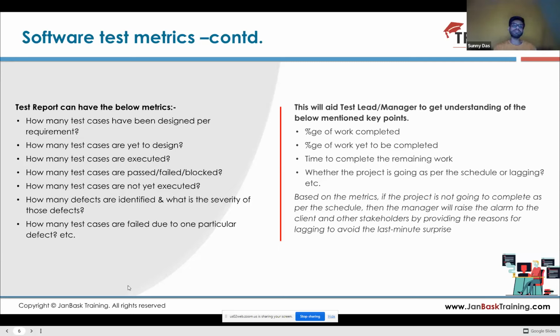Even if you write one positive scenario and one negative scenario, you are going to have at least 20 test cases if there are 10 requirements. But actually, if you look at those different test design techniques, you are going to have at least 4 to 5 test cases for each requirement, right?